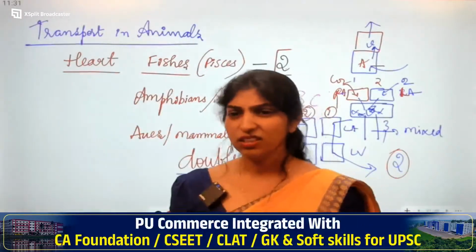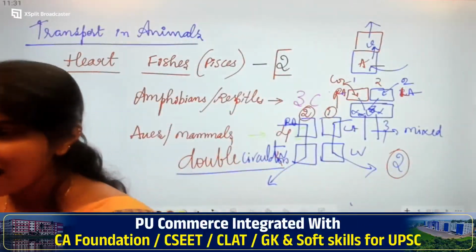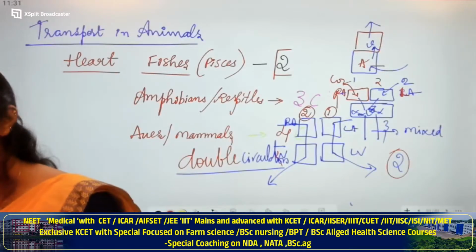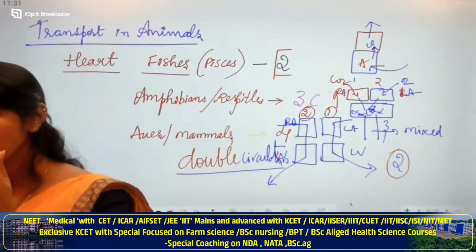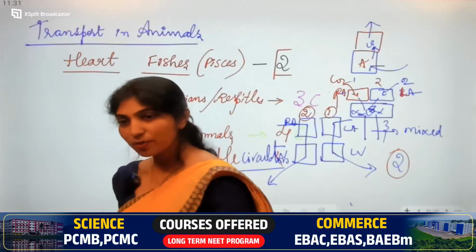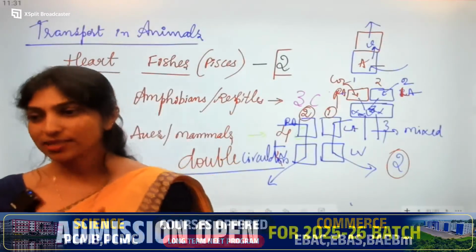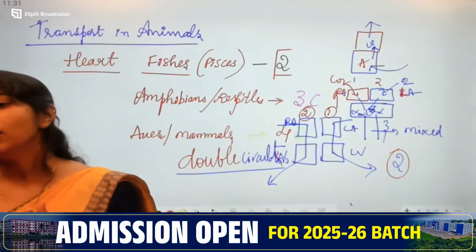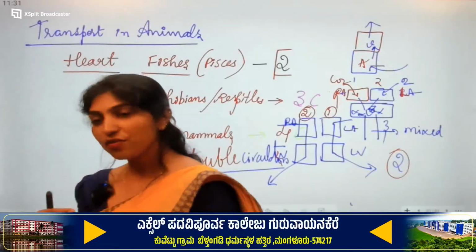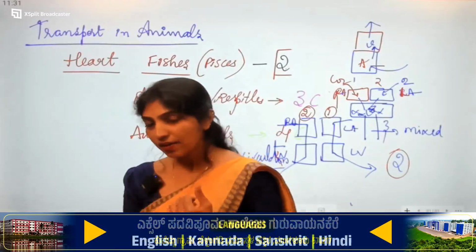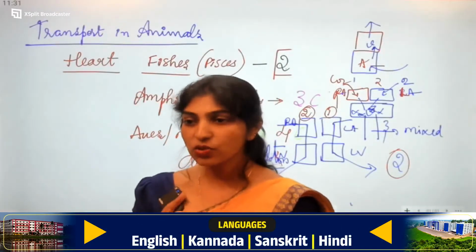Define Aves. Aves is a class that comes under which one? Vertebrata. Okay. After vertebrata, you have the divisions agnatha and gnathostomata. Under gnathostomata, you have further superclasses Pisces and tetrapoda. Under tetrapoda, you have 4 classes: amphibians, reptiles, aves, and mammals.